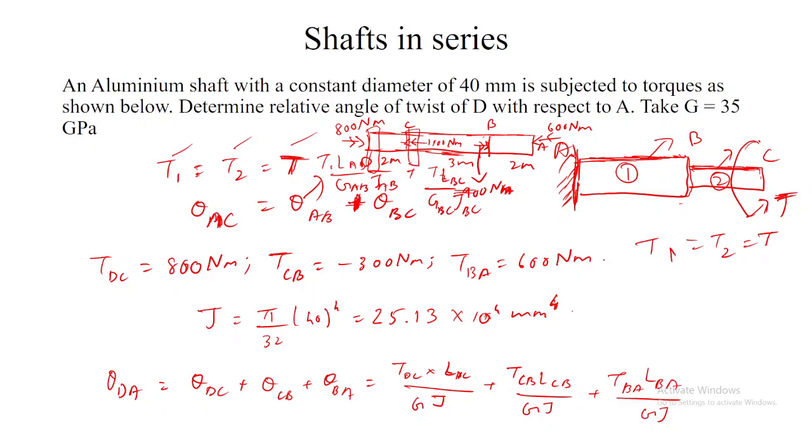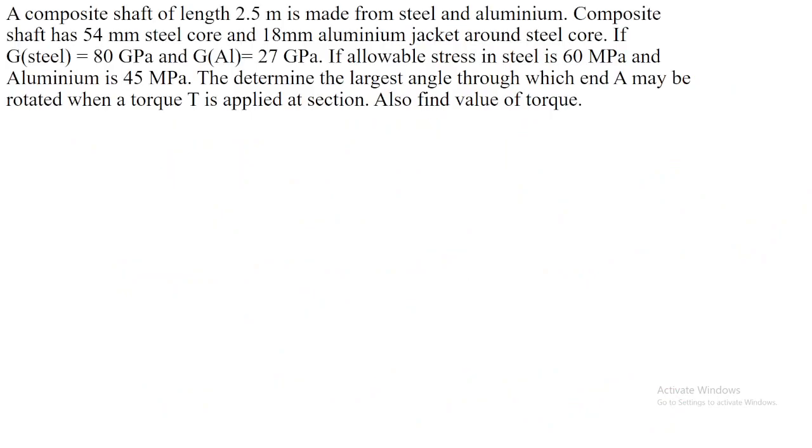Yes, sir. So now can we see shaft in parallel? This is a problem based on shaft in parallel. Here they have given a composite shaft of length 2.5 meter made from steel and aluminum. The composite shaft has a 54 mm steel core and an 18 mm aluminum jacket around the steel core.